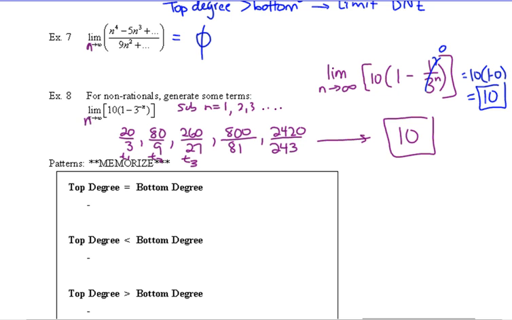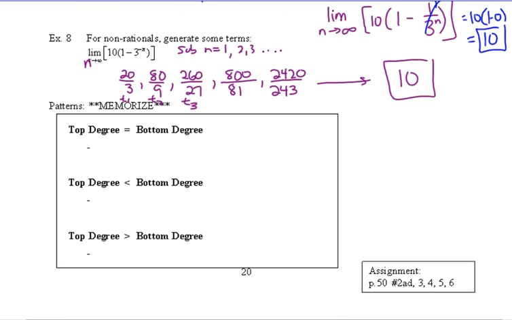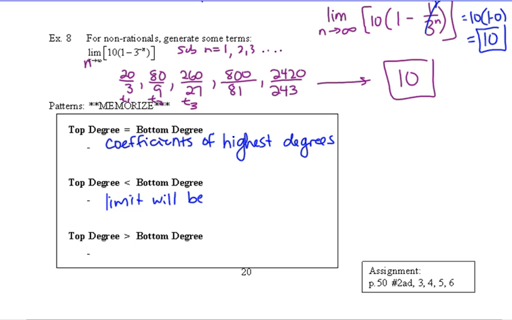All right. So our review: if top degree equals bottom degree, we take the limit as the ratio of the coefficients of the highest degrees. If the top is less than the bottom, the limit will be what? 0.